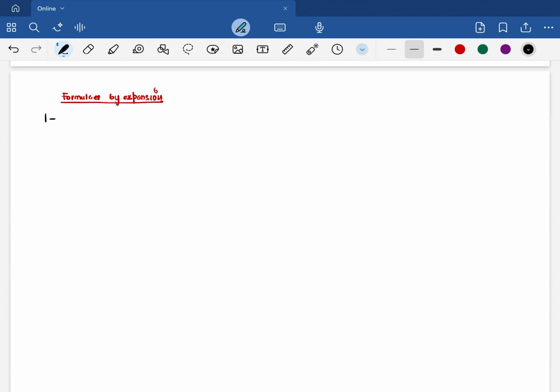So (1 plus x) to the power n is equal to 1 plus nx plus n into (n minus 1) upon 2 factorial into x square plus n into (n minus 1) into (n minus 2) upon 3 factorial x cube and so on. (1 plus x) to the power minus 1 is given as 1 minus x plus x square minus x cube plus and so on.